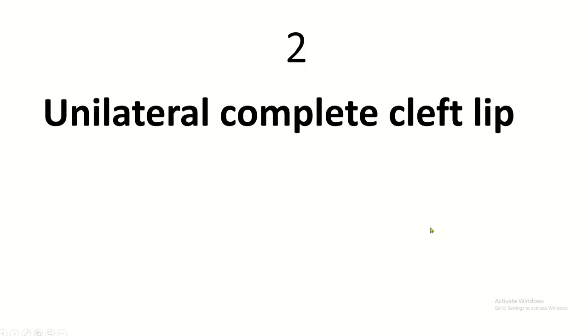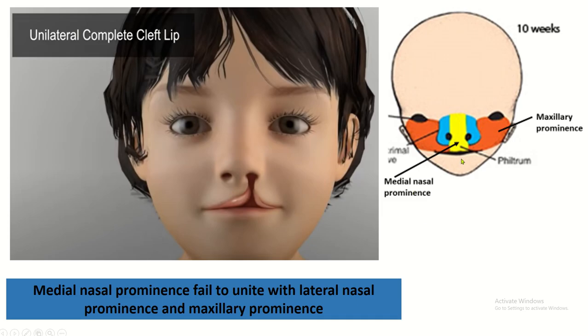Unilateral complete cleft lip. Here part of the medial nasal prominence failed to fuse with the lateral nasal prominence and also maxillary prominence. So this type of cleft lip communicates up to nasal cavity.